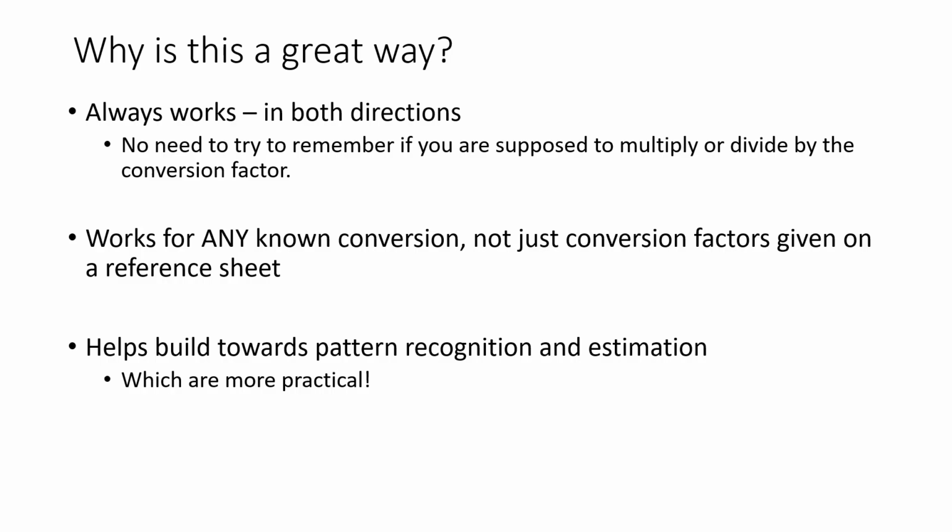It works for any known conversion, not just conversion factors given on a reference sheet, which I tried to demonstrate. So if you don't know that 1 mile is this many kilometers, but you do know that 5K is 3.1 miles, any known conversion will work. And it helps build towards pattern recognition and estimation, which is more practical because at the end of the day, I don't need to know exactly the dollar amount.